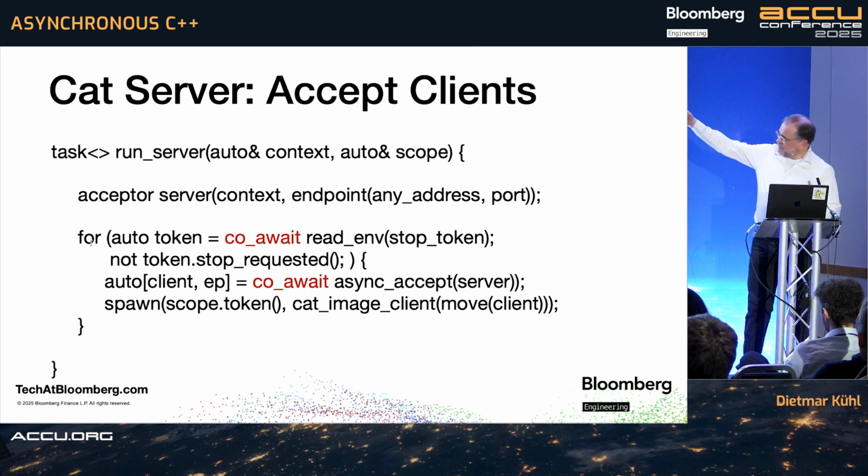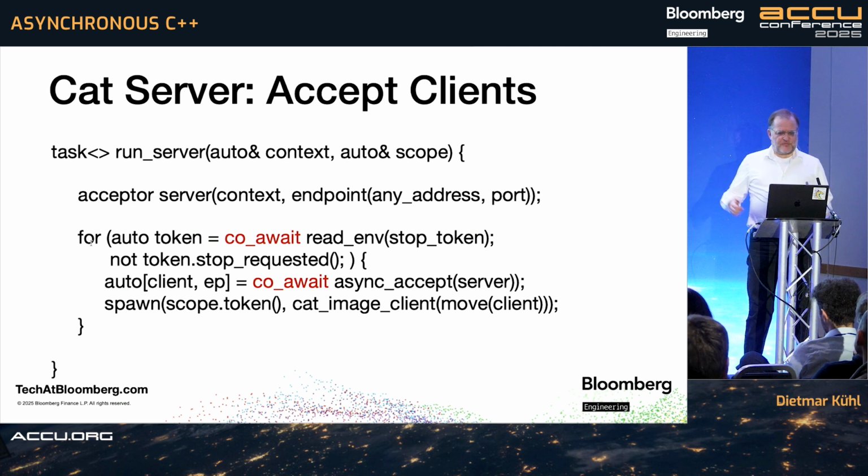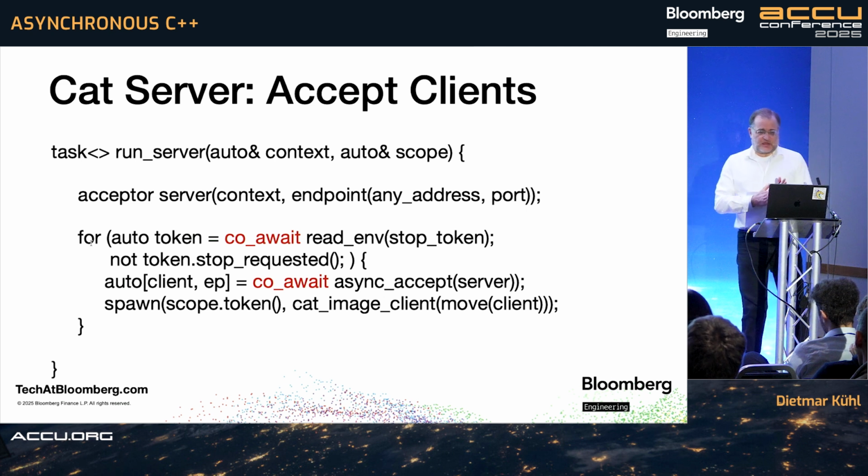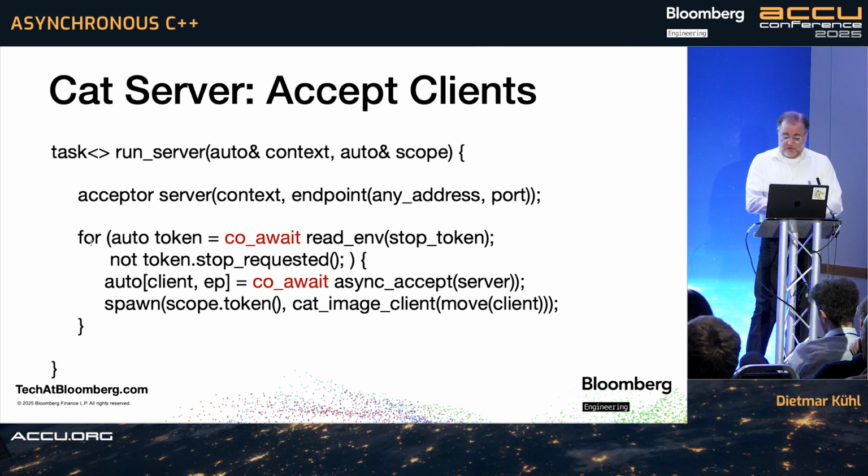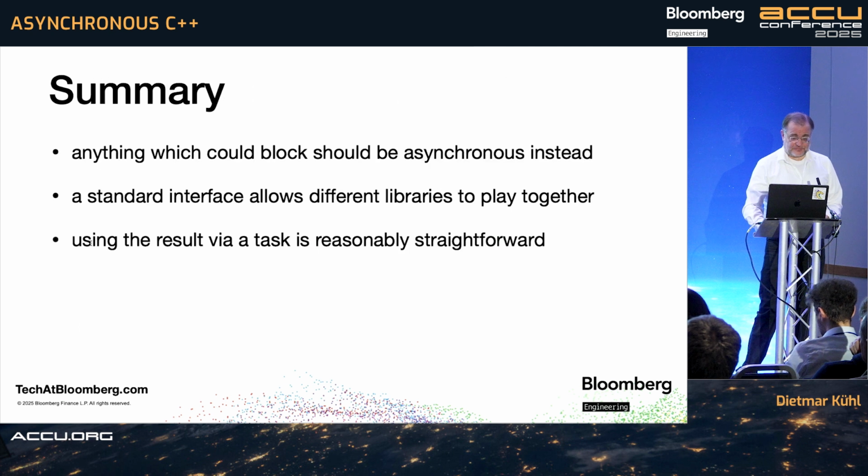Since it's on a coroutine, the coroutine would need to provide a receiver with an environment pointing to the stop token, but we can get that out and check it. If we are not requested to stop, we try to accept more work, and if we have more work, we spawn that into the token. So it's relatively straightforward to create work, and relatively straightforward to cancel things. I'm actually very excited about that.